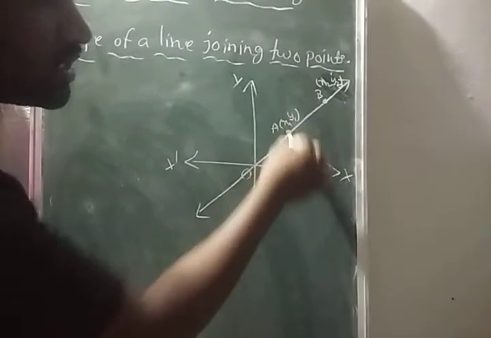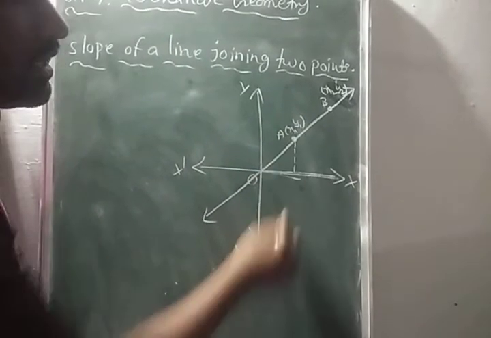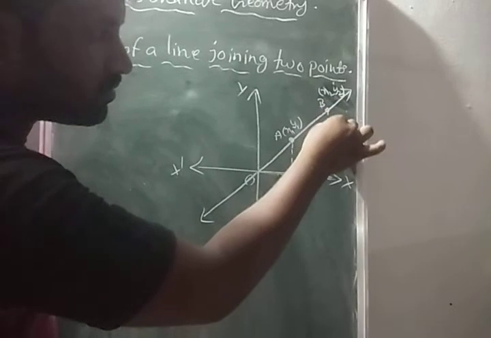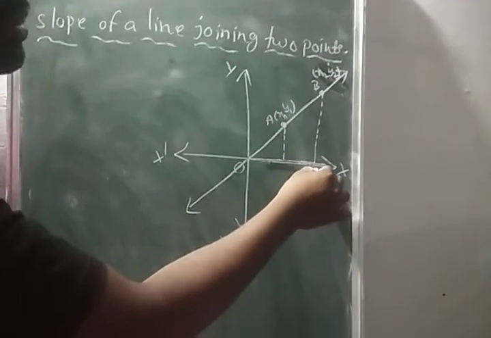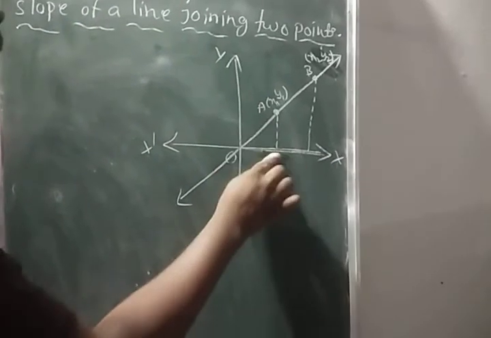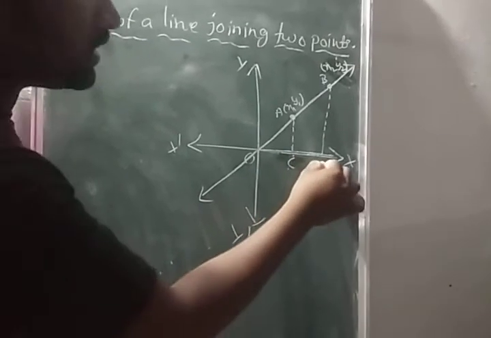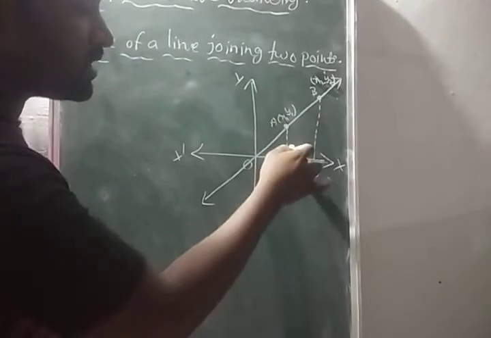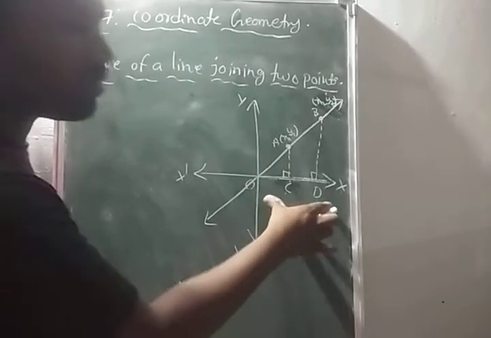And like that only from point B, you draw the perpendicular like this. So it intersects here at C and here at D. That is, AC is perpendicular to OX and as well as BD is perpendicular to OX.